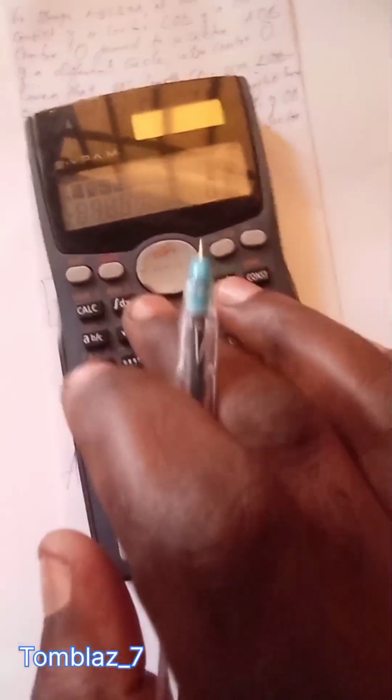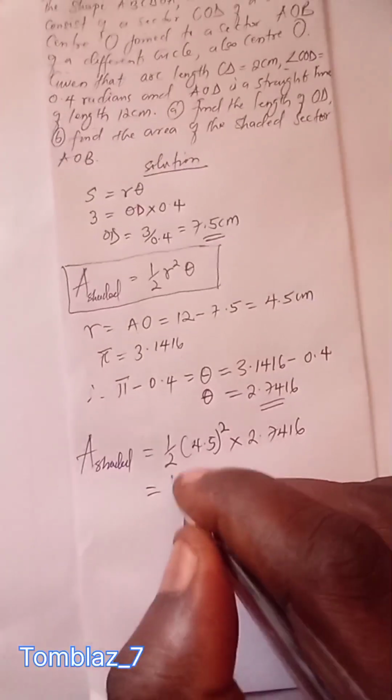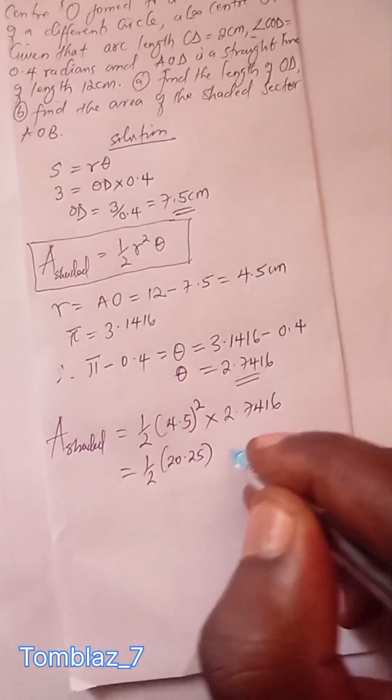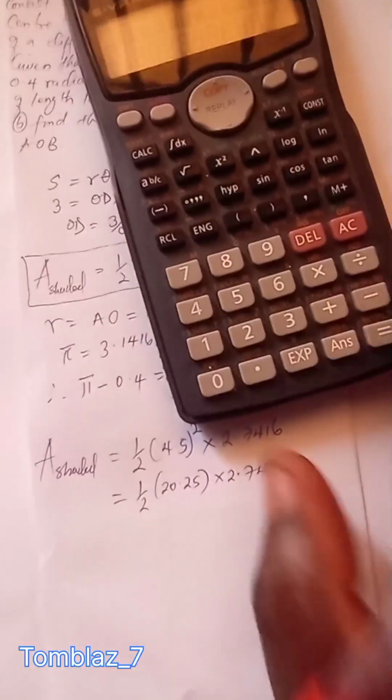Let's take 4.5 squared. 4.5 squared is going to give us 20.25. So 1 over 2 into 20.25 times 2.7416.